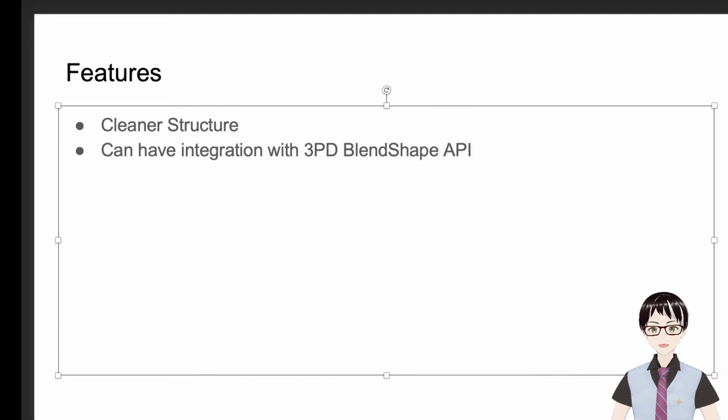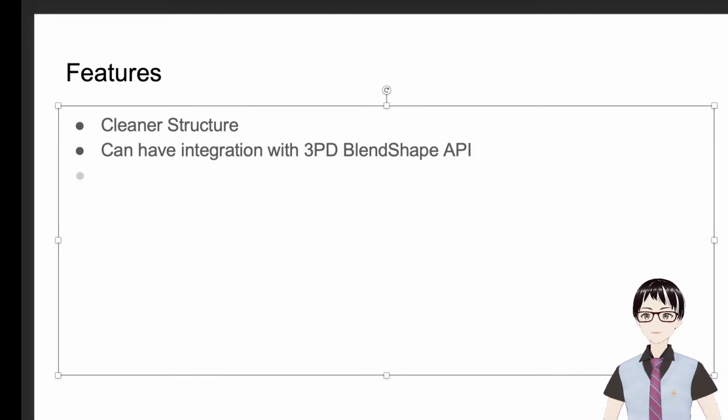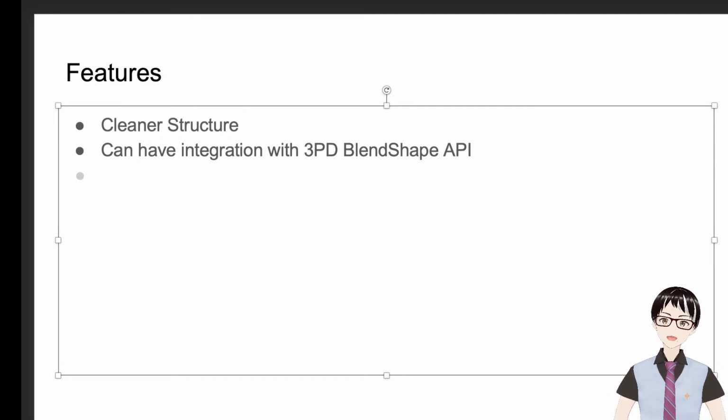Right. So this is something that we also like to do. Cleaner structure, third party blend shape API. Any other ideas?